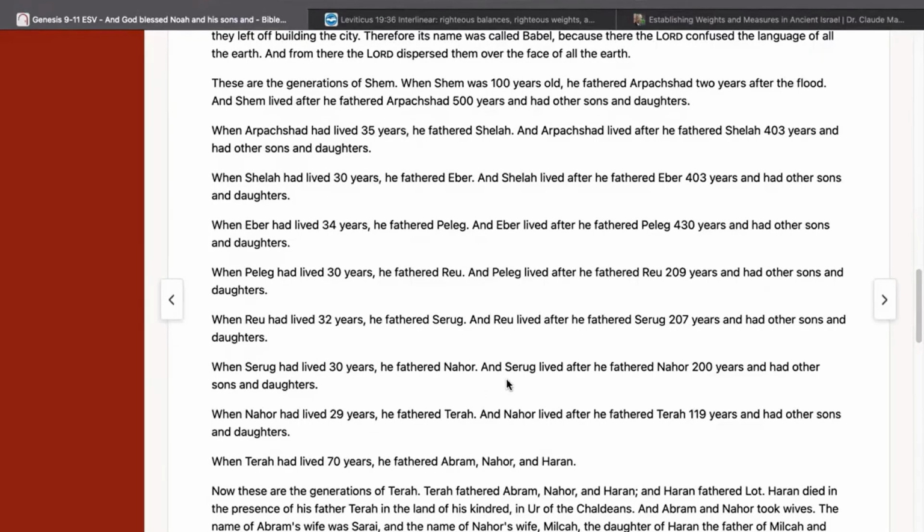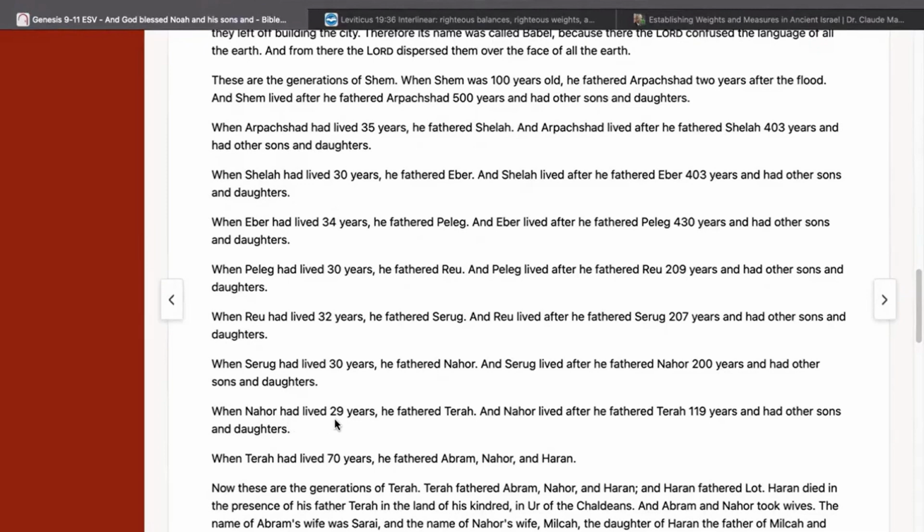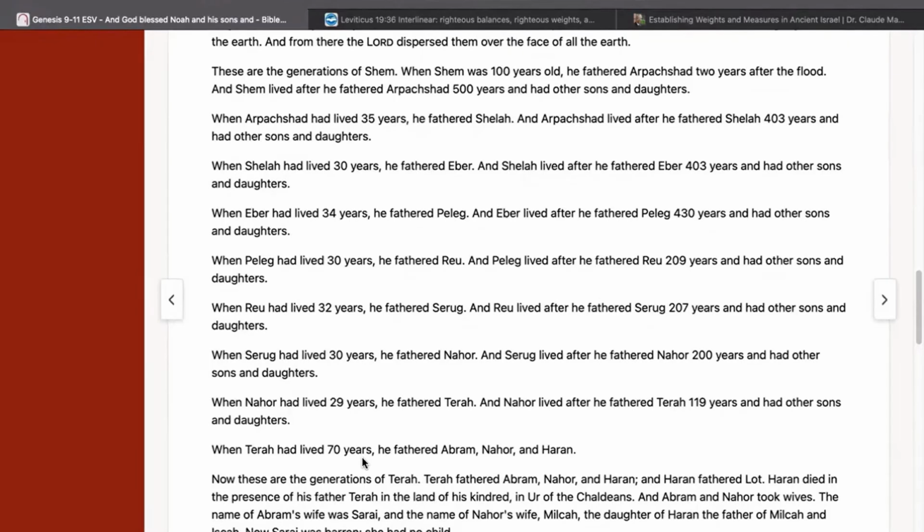And Serug lived after he fathered Nahor 200 years and had other sons and daughters. When Nahor had lived 29 years, he fathered Terah. And Nahor lived after he fathered Terah 119 years and had other sons and daughters. When Terah had lived 70 years, he fathered Abram, Nahor, and Haran.